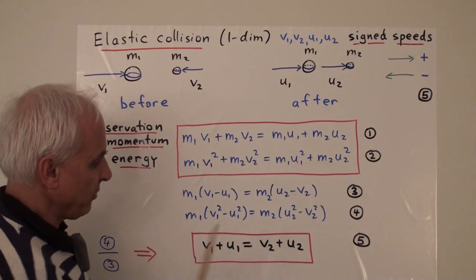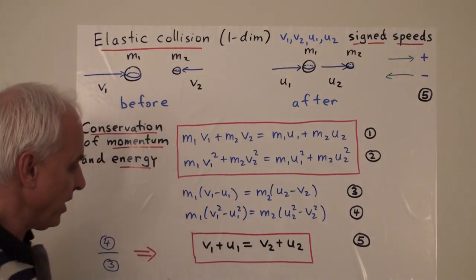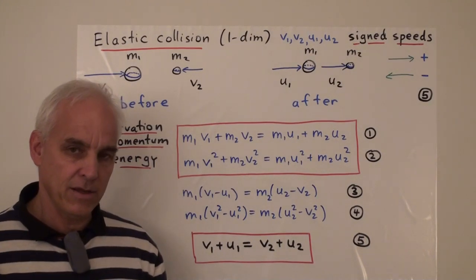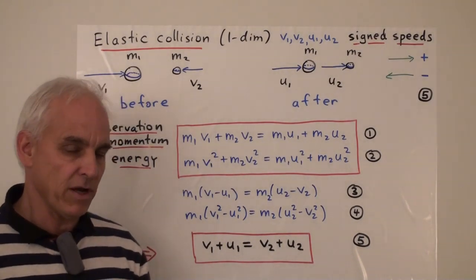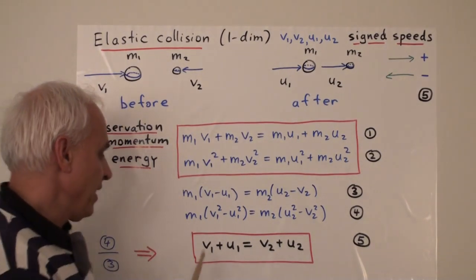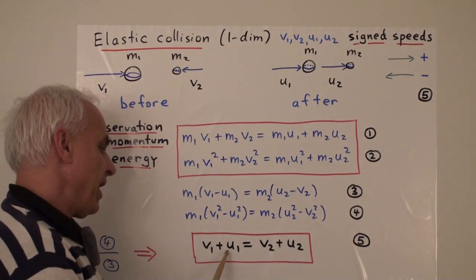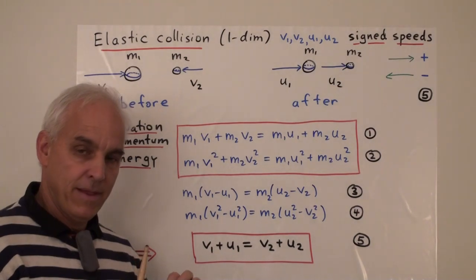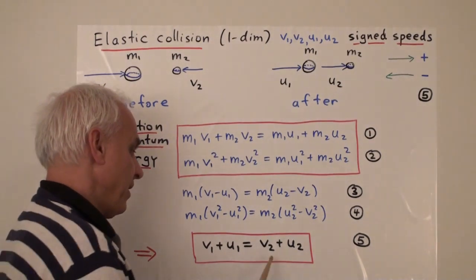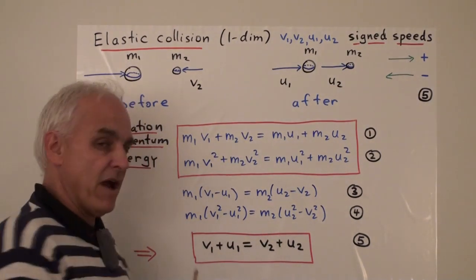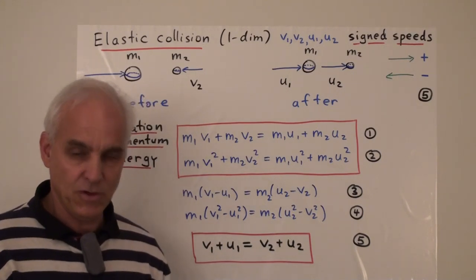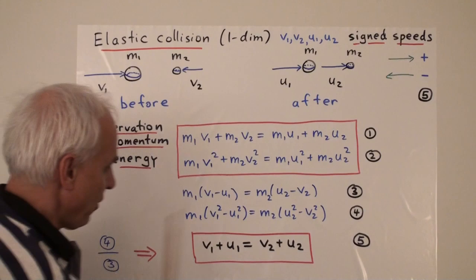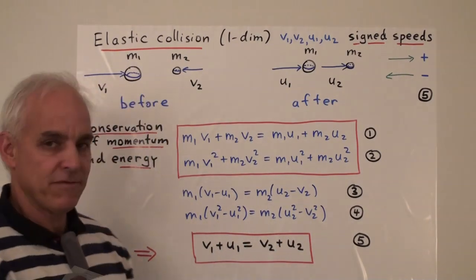So this is a fundamental relation that's a consequence of these ones, and it's pleasantly also linear in u1, u2, v1, and v2. And it says that the initial plus the final velocities of particle 1 equals the initial plus the final velocity or speed of particle 2. And we'll call this equation 5.